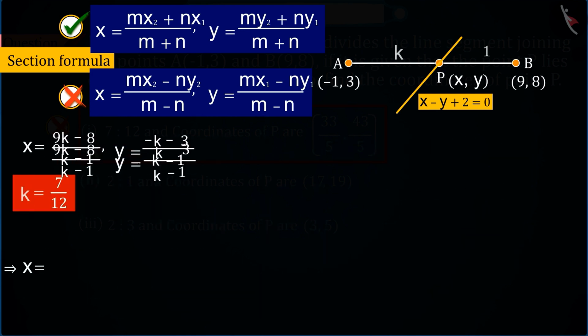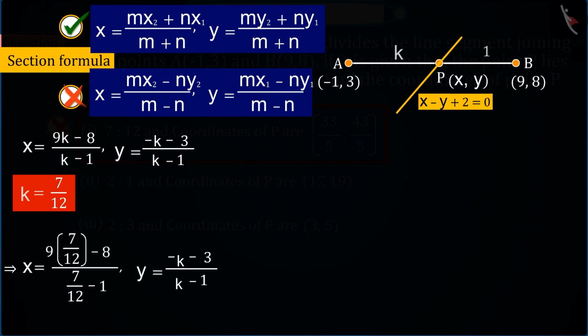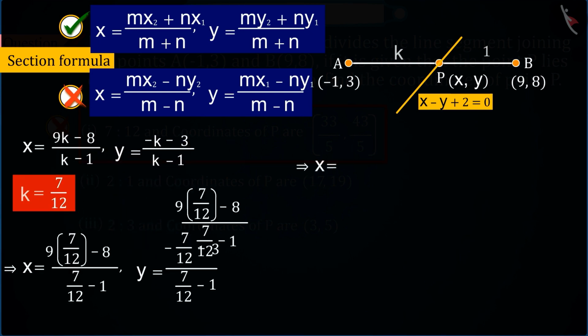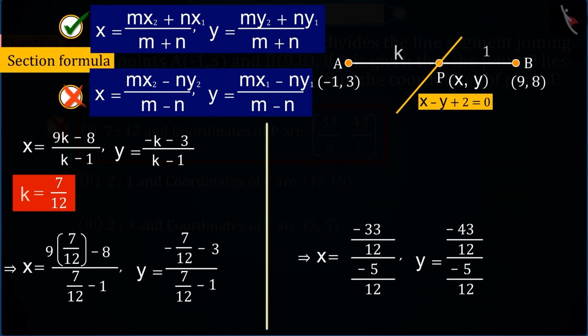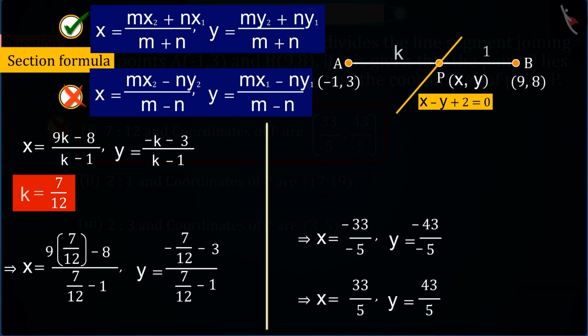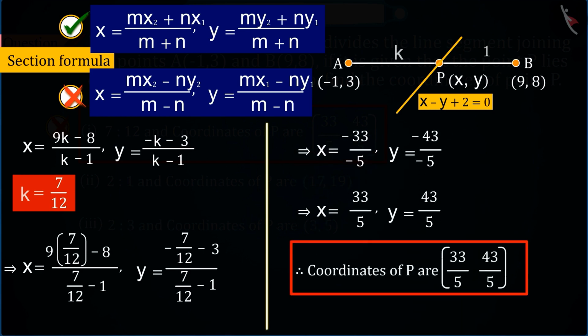And solving further on this basis, the coordinates of point P are found wrong.